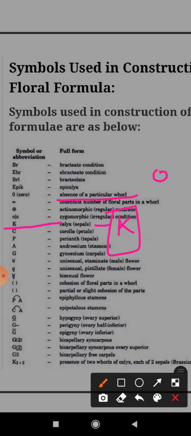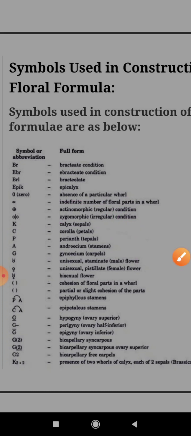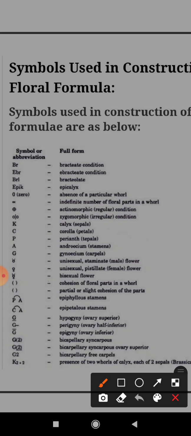Now if the calyx is not present, then we put a 0, right? So that is how it is used if a particular whorl is not present. Now if there are an indefinite number of floral parts that cannot be counted, then it is represented like this. This means indefinite number, not countable, right?